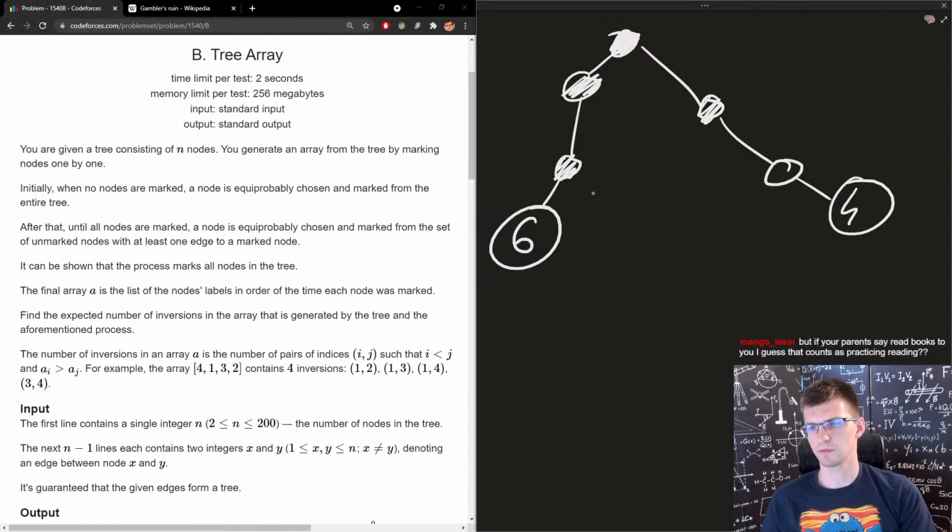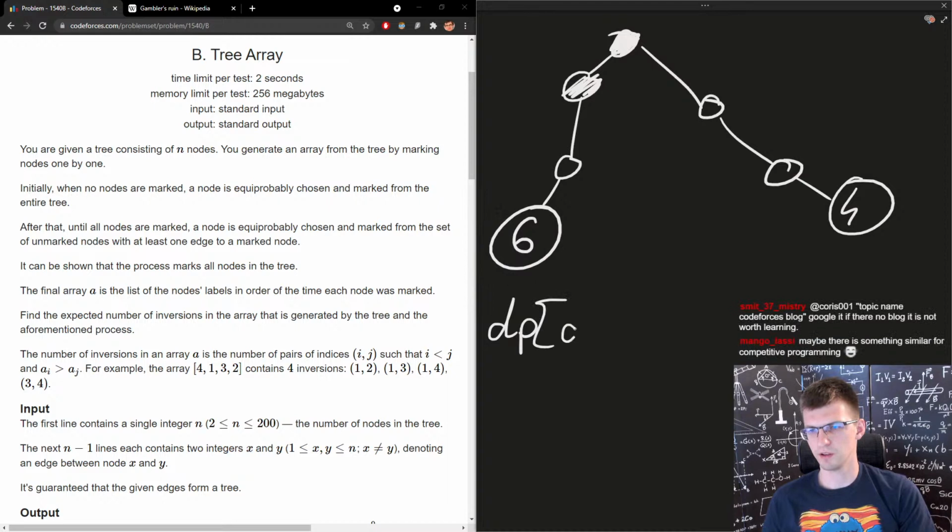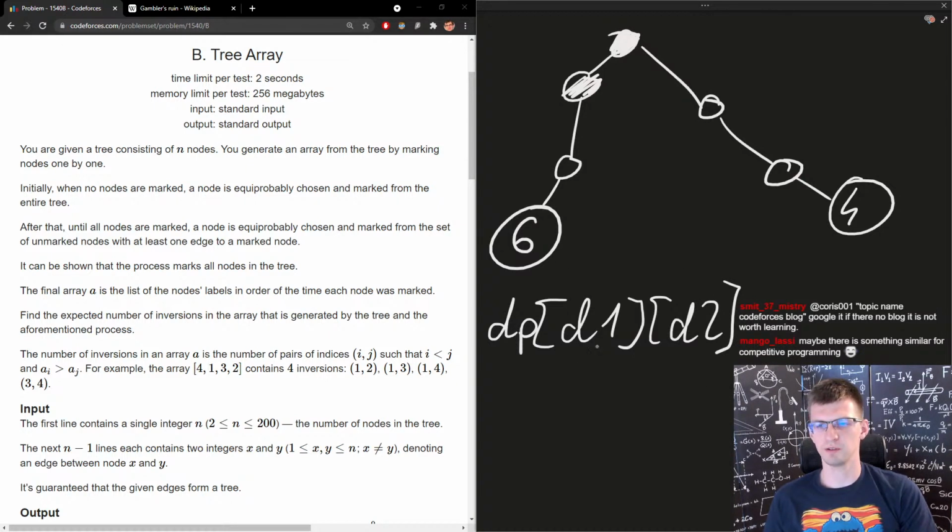Right? Like dp, depending on what's the remaining length of distance here. So dp of distance to one node, distance to the other node. And depending on that, I can say what's the probability that I will visit this first guy first.